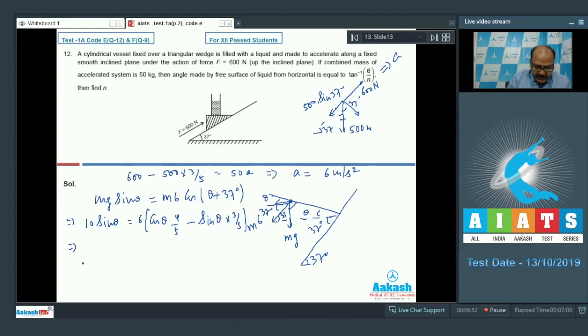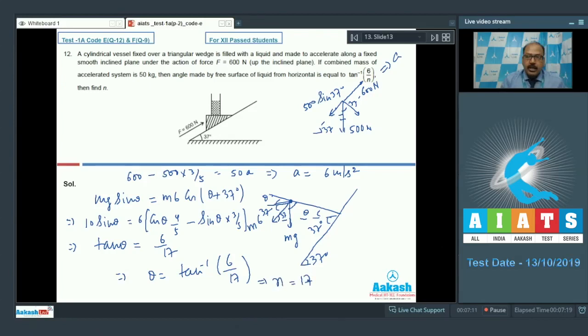Solving further, we get it as tan theta equals 6 by 17, and that means theta is tan inverse of 6 by 17, which means n is 17. So our answer to this question is n equals 17. Let's now go to the next question.